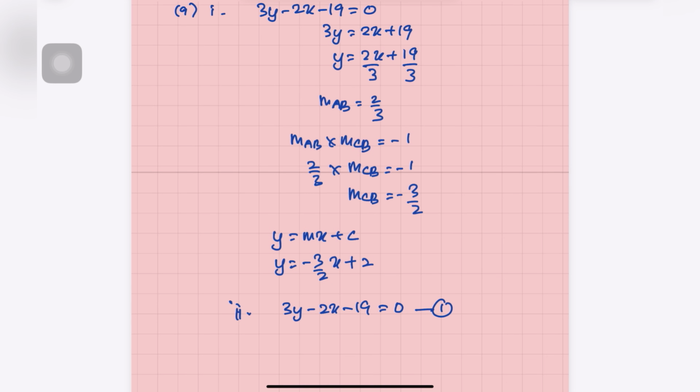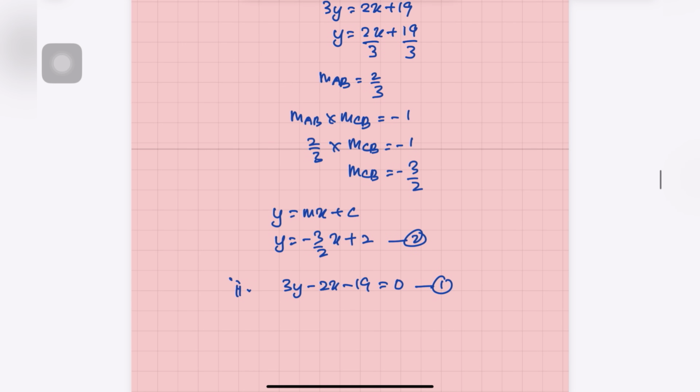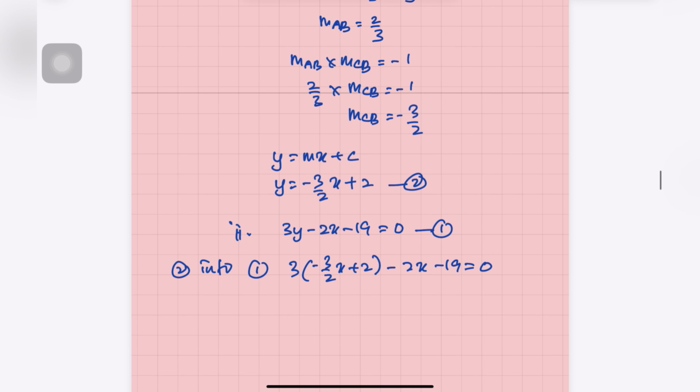So this is equation 1, and this is equation 2. So substitute 2 into 1. So we have 3 times negative 3 over 2 x plus 2, minus 2x minus 19 equals 0.